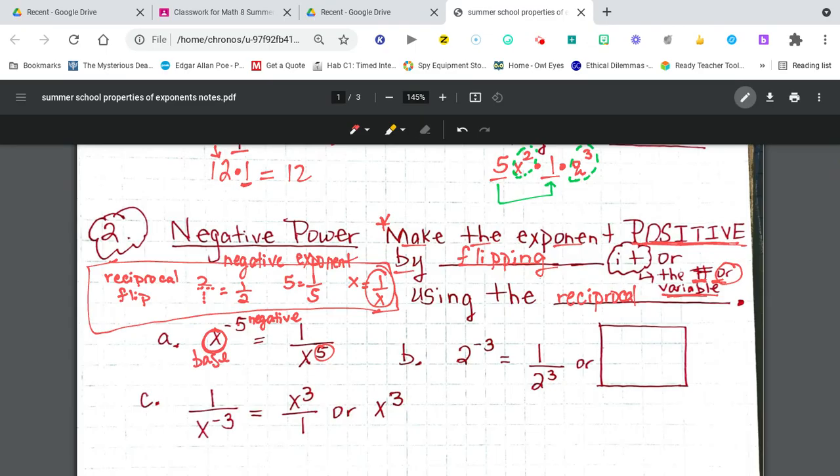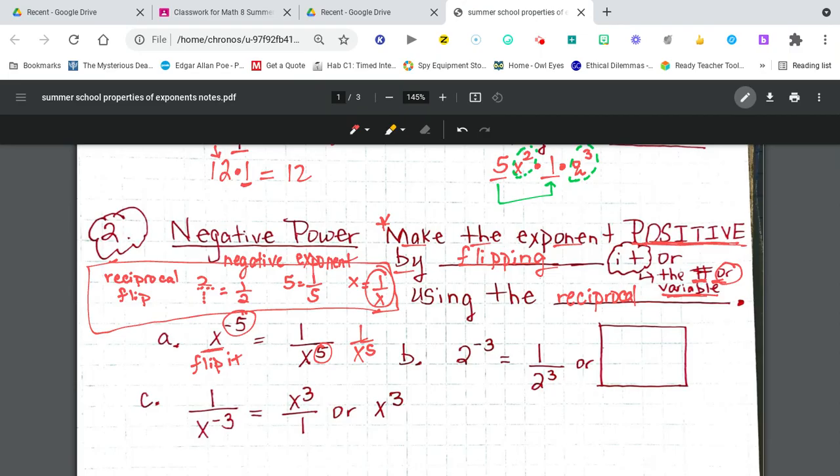It's as simple as that. You just take your base and flip it, and you make your exponent positive when you do. So if I flip x, it becomes 1 over x, and I make negative 5 a positive 5. That 5 stays with the x.